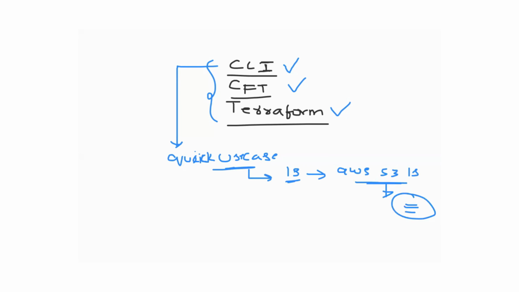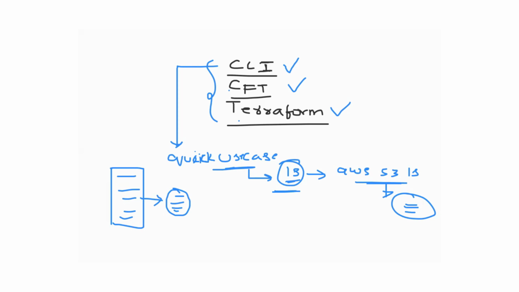Whereas if you talk about CFT and Terraform, to get such information, you need to write these declarative YAML files. You need to write a bunch of these things, and finally you need to execute them, and only then you will get the output. But CLI makes your life very easy in these quick use cases.